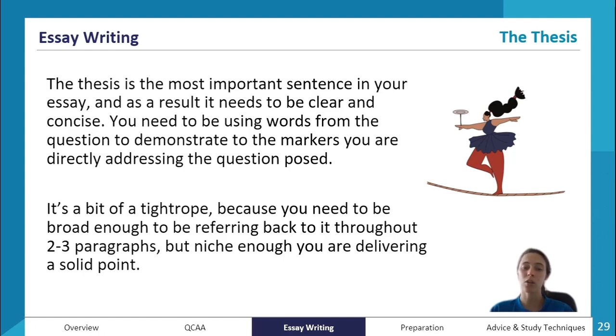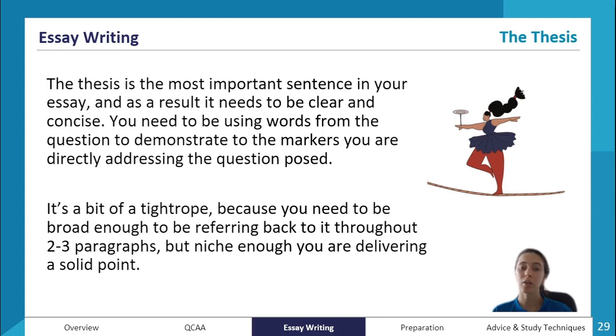So you may have 3 ideas. Perhaps you're looking at the role of women in a text, and you're going to have 3 characters that you'll focus on, 1 for each of your 3 paragraphs. So your thesis shouldn't just be talking about 1 or 2 of those characters and then excluding the other 1 or 2 characters.